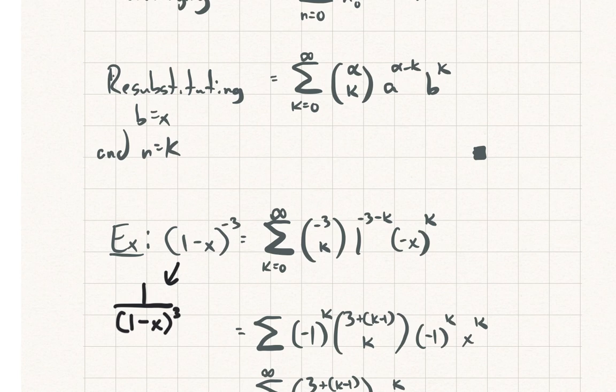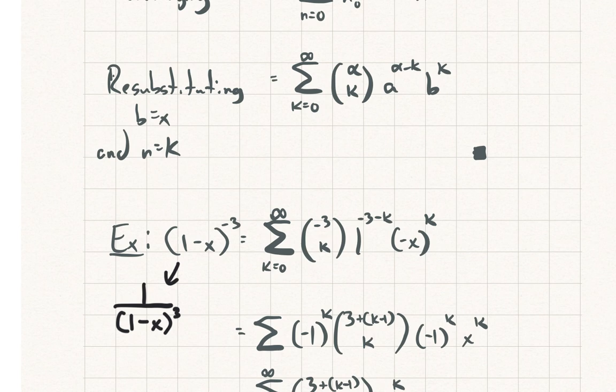But let's write this down. So this is going to be alpha choose k, so -3 choose k, times 1 to the -3 minus k. Well, that's just going to be 1, so that just goes away. And then we have times minus x to the k.